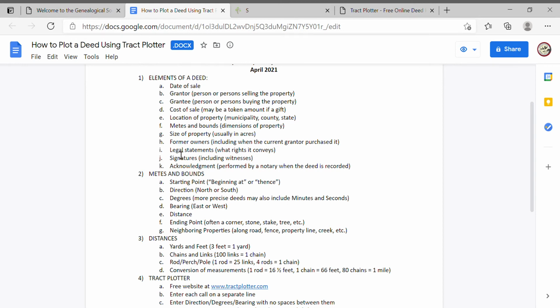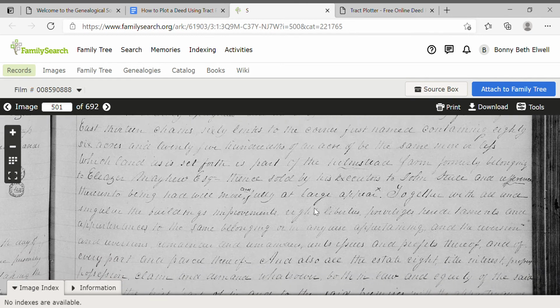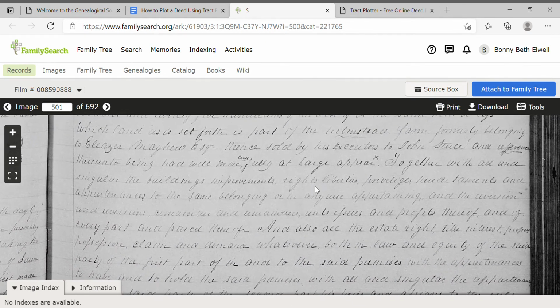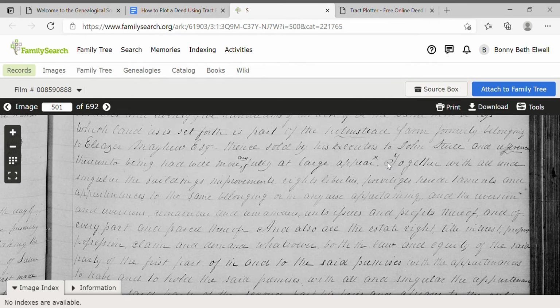The next thing it'll have is the legal statements, what rights it conveys. Right here, this part. So this is fairly lengthy usually in most deeds, and usually you don't need to pay too much attention to it. This is what it's saying about the legal statements.